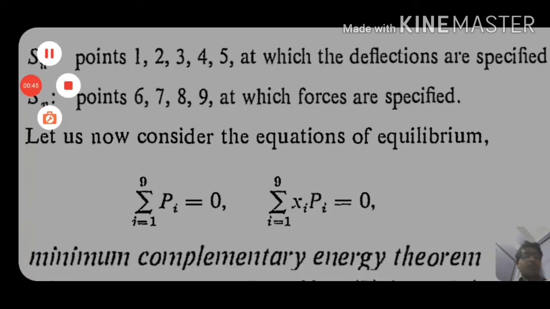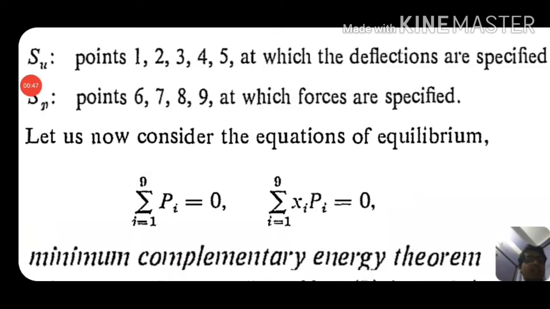Let us now consider the equations of equilibrium. Sum over i equal to 1 to 9 of Pi equal to 0. Actually, we shall speak of specified conditions as boundary conditions. Thus, the boundary conditions on forces are prescribed on Sp.